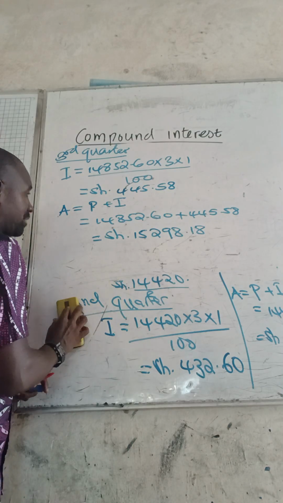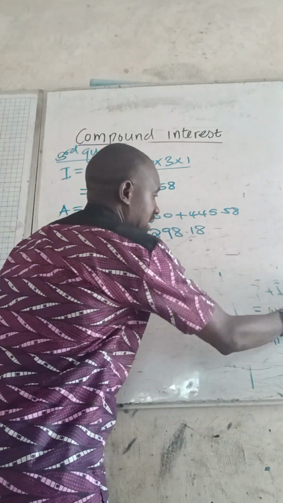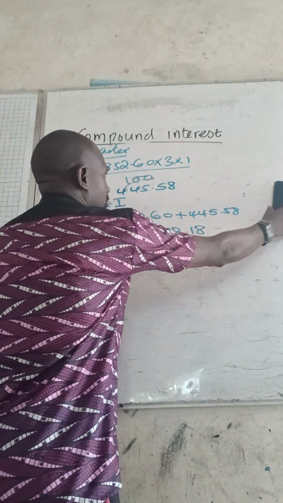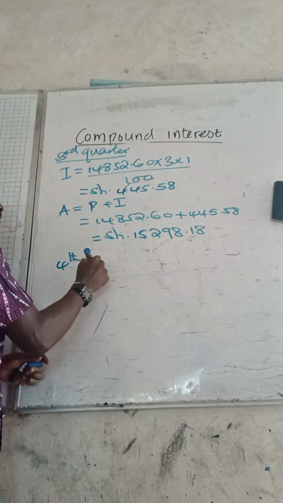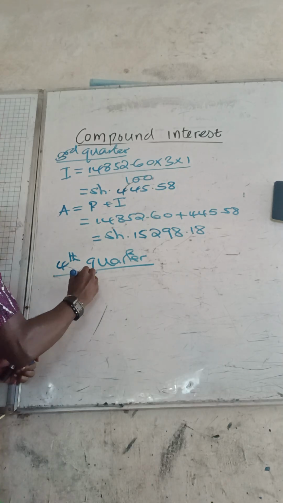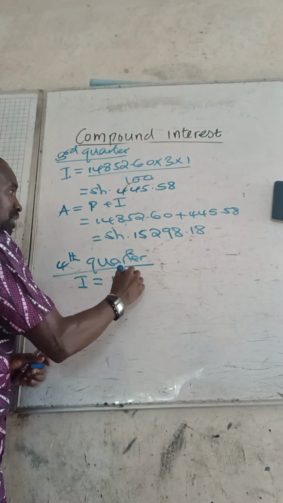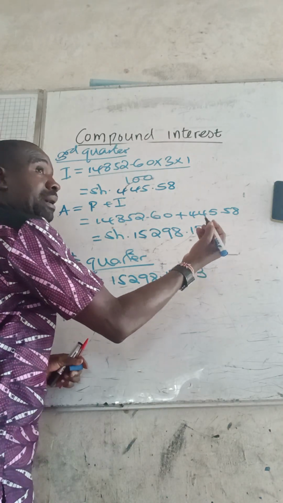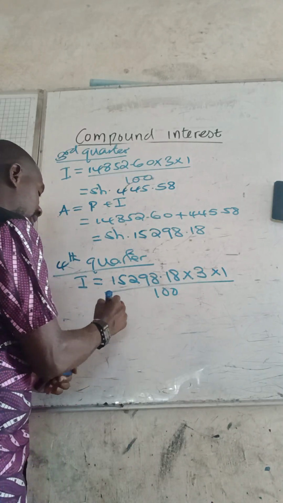So we can finish up the same year, and that gives us the fourth quarter. For the fourth quarter, we are going to have our interest again. That is 15,298.18 multiplied by our rate, which is 3%, multiplied by 1, divided by 100.